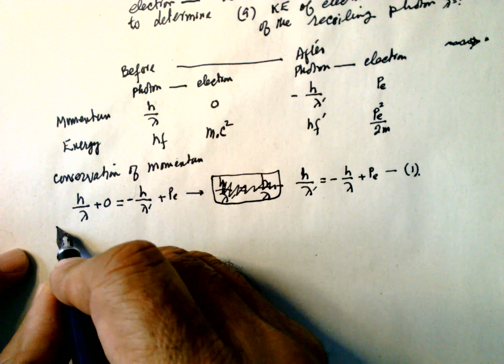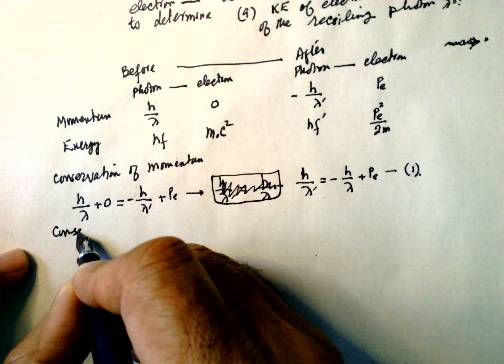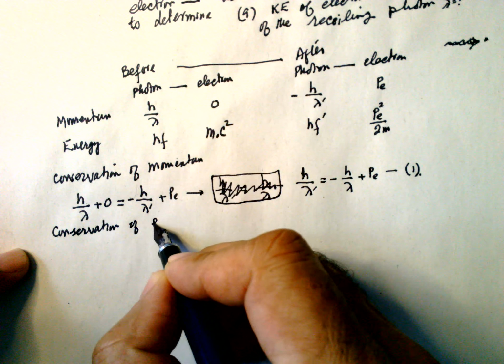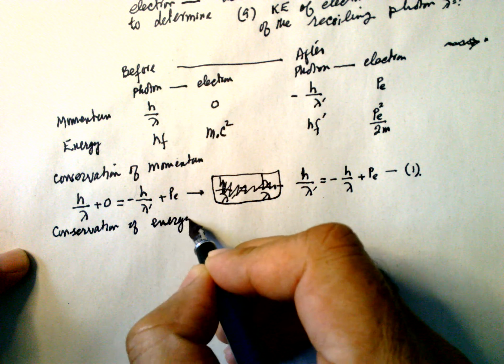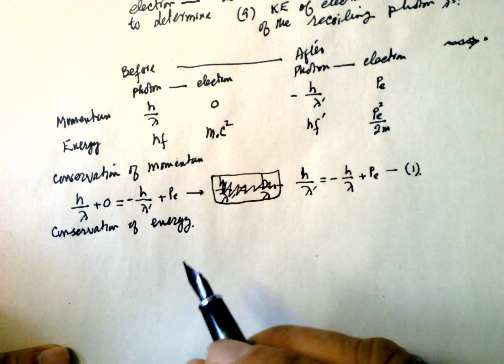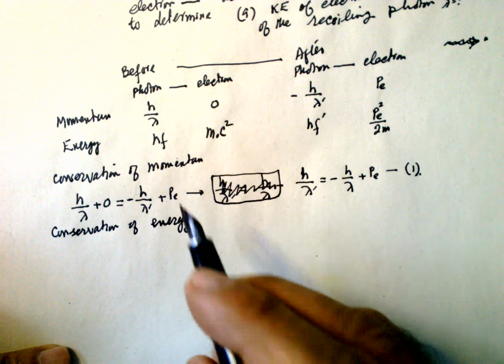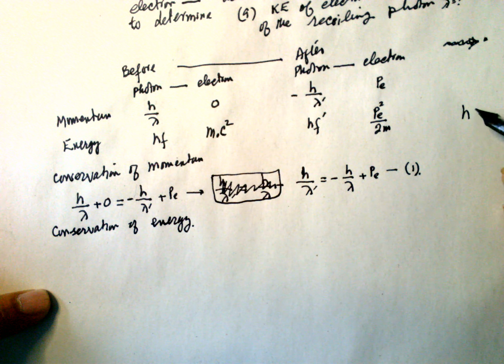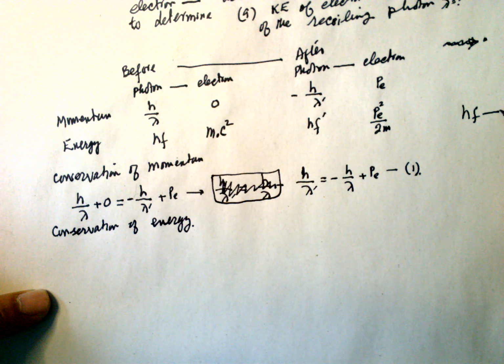Now the conservation of energy. HF can be written as HC over lambda.